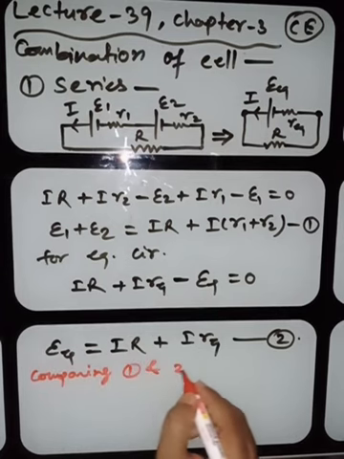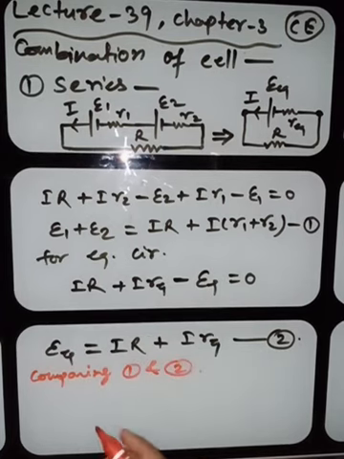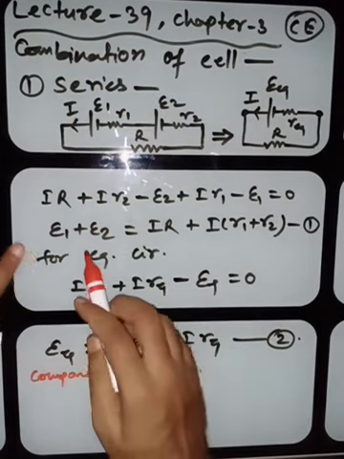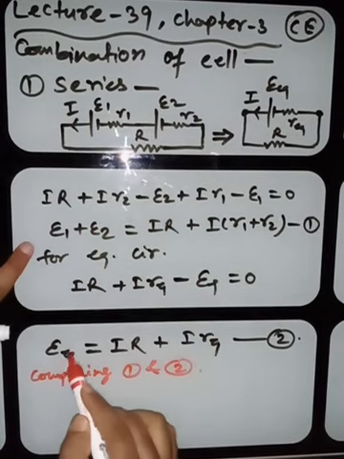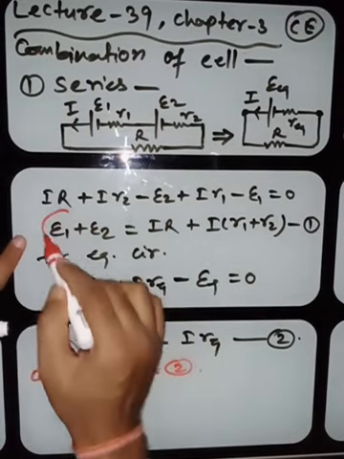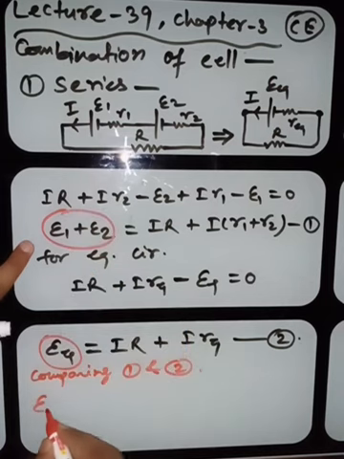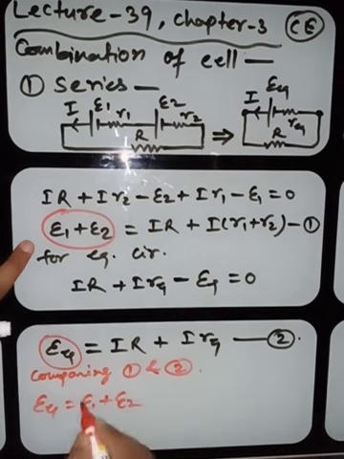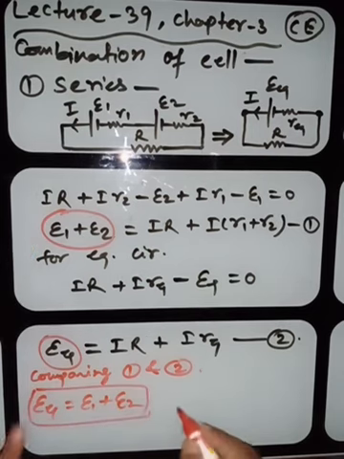equation 1 and 2, we can see E equivalent is equal to E1 plus E2. So in case of series, the equivalent EMF will be E1 plus E2.